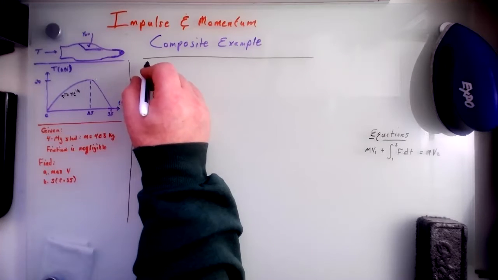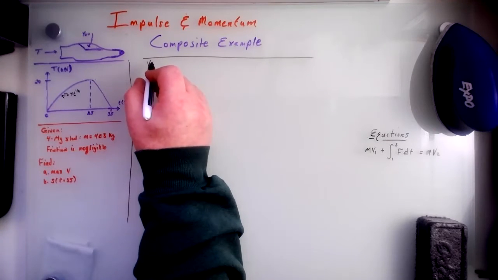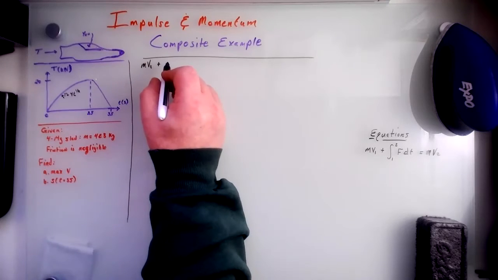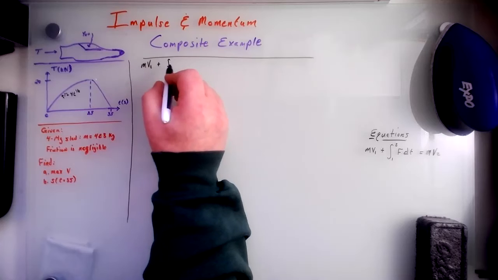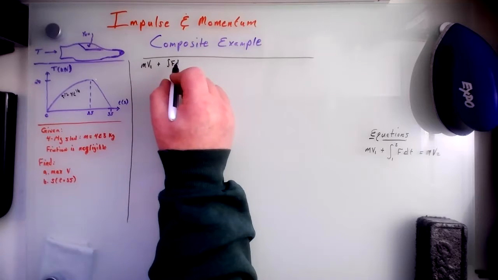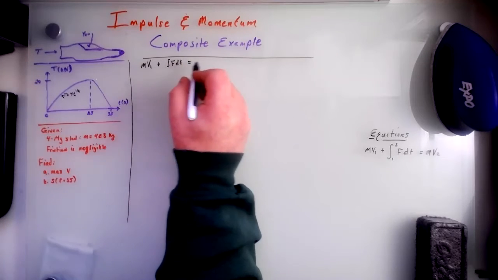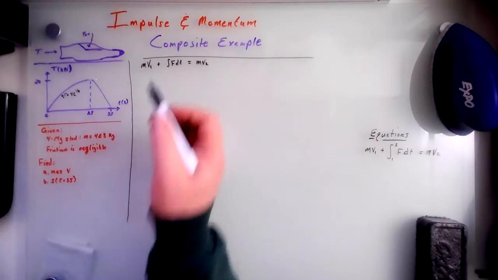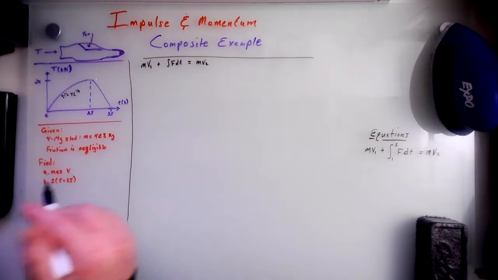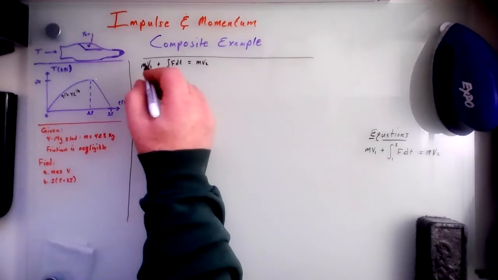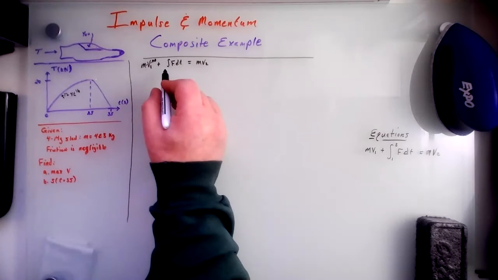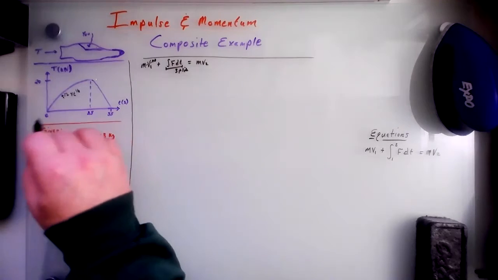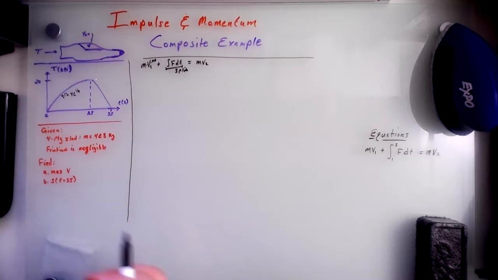If we start with the impulse equation, then we have mv1 plus the impulse, the integral of F dt, equals mv2, and we're starting from 0. We can split this and consider both parts simultaneously.